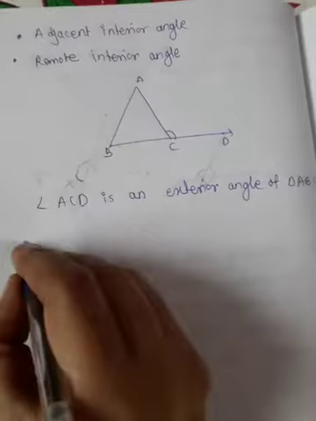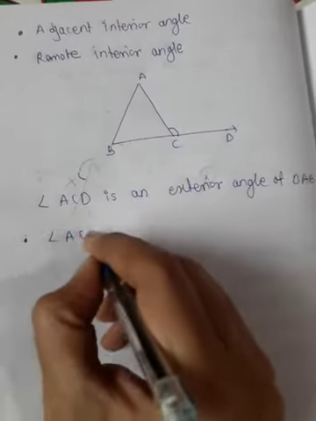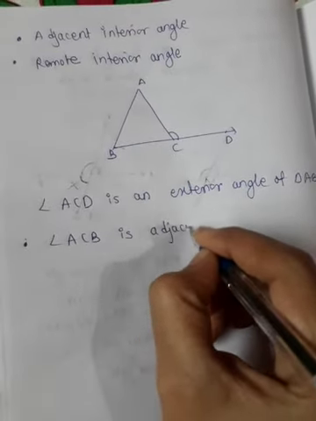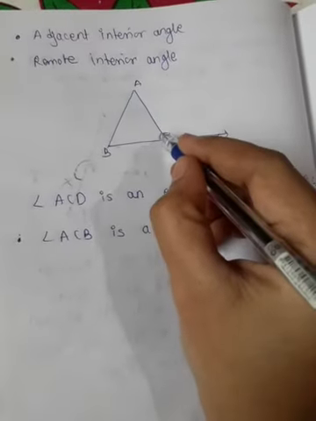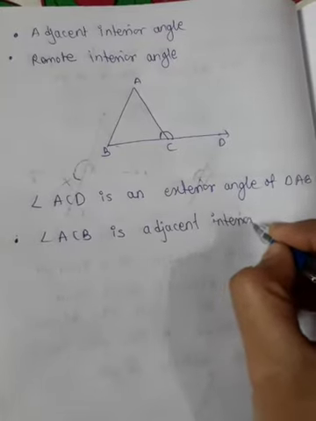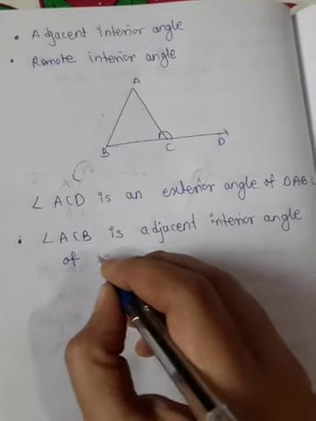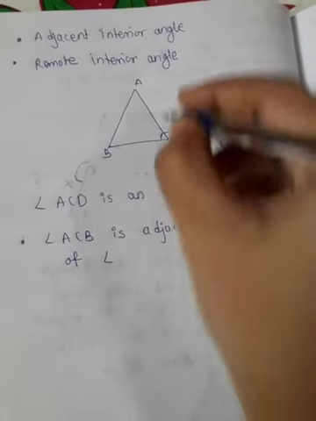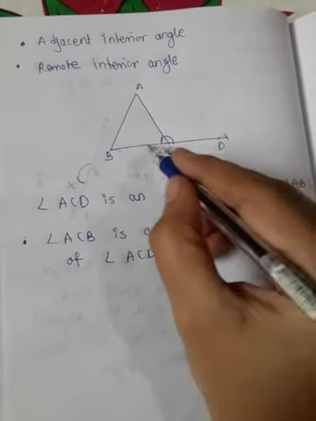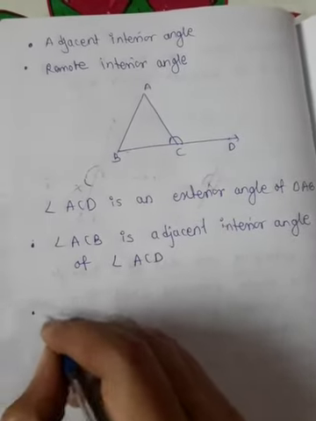Now see first angle ACB. Angle ACB is the adjacent interior angle of angle ACD.